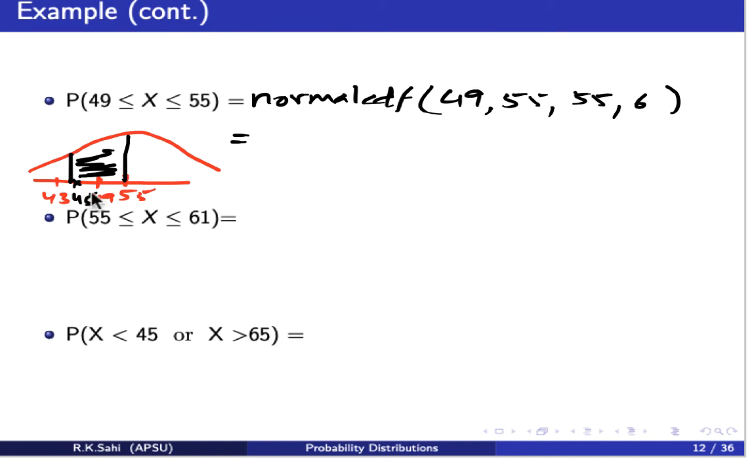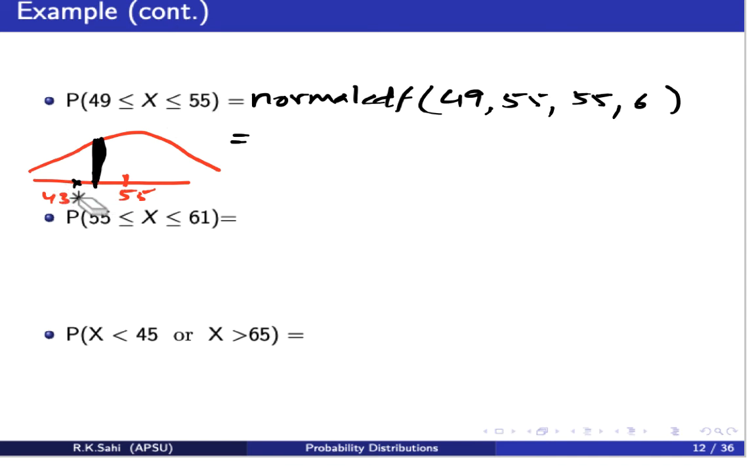So let me redo it again. Okay, it was 49, not 45. I don't know what I was thinking, because I think the 65 got to me. No. This is what we're looking at: 49 and not 45.